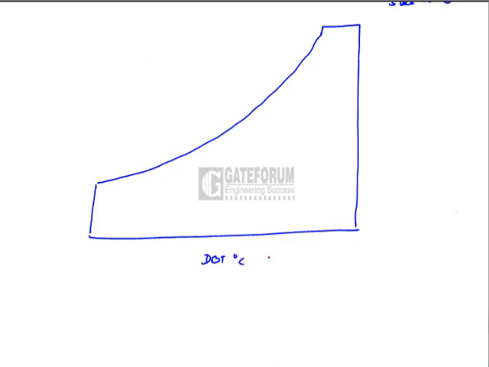This is DBT, and W, specific humidity, in kg of water vapor per kg of dry air. State 1 is the room design condition. State 2 is the outside air.